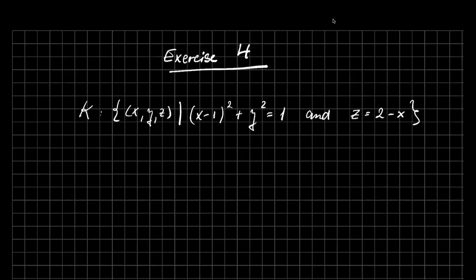And also we are given a vector field F(x, y, z) equal to (y, z, x). Here the problem is that we want to verify Stokes' theorem in this special case.